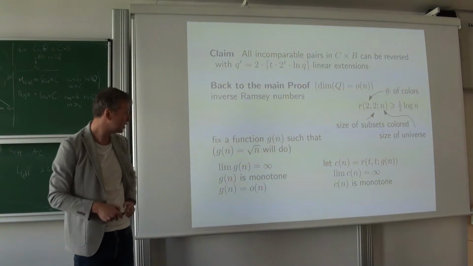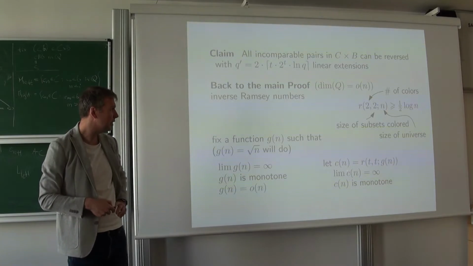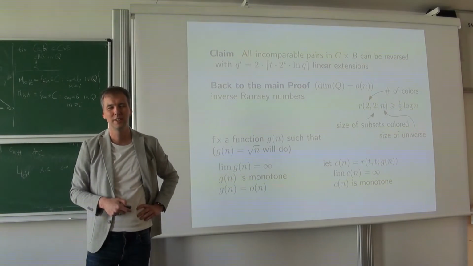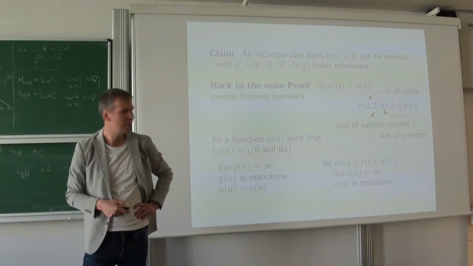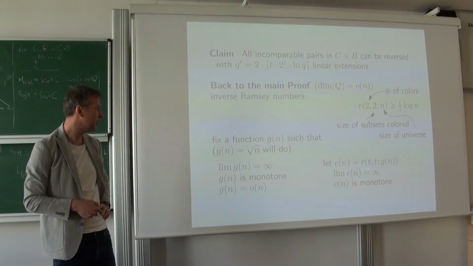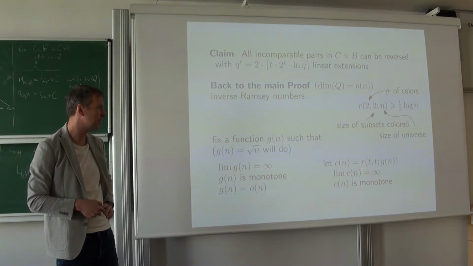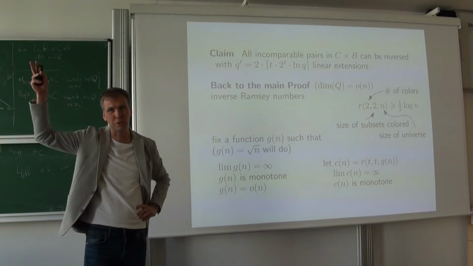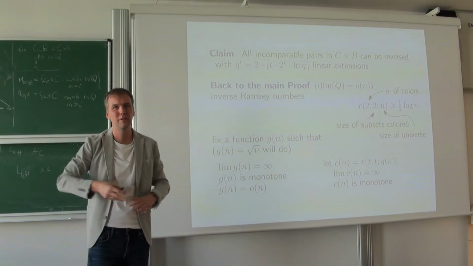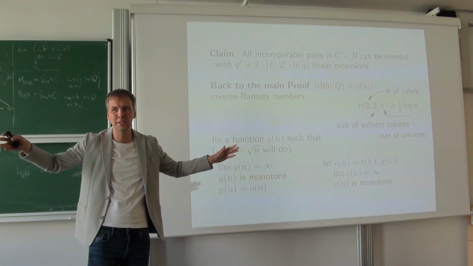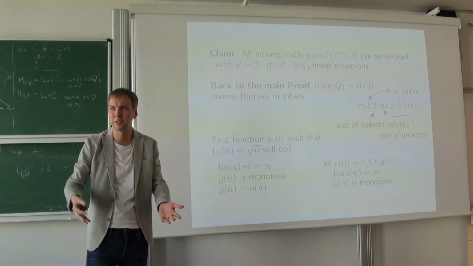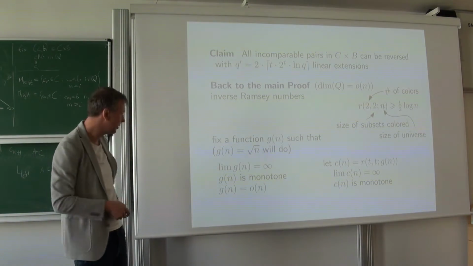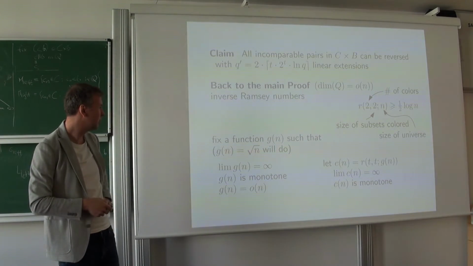And then out of this, I have some guaranteed size of a monochromatic subset. And from the obvious properties of the Ramsey setup and g(n), we know that c(n) grows to infinity when n grows to infinity. Yeah? The larger the universe is, the larger the guaranteed subset is. Yes? And it's monotone, which maybe is even not important in my wording.